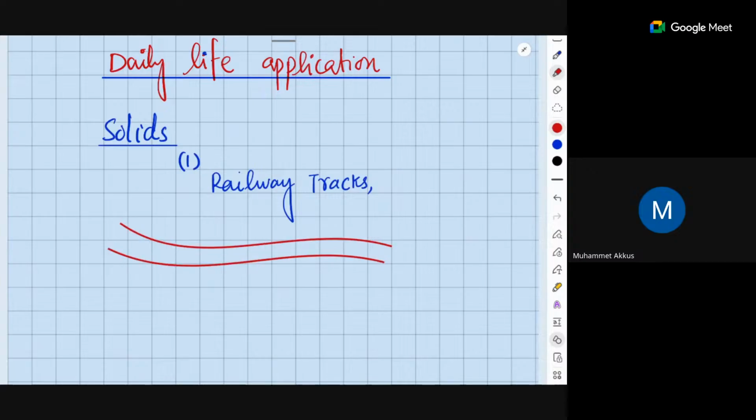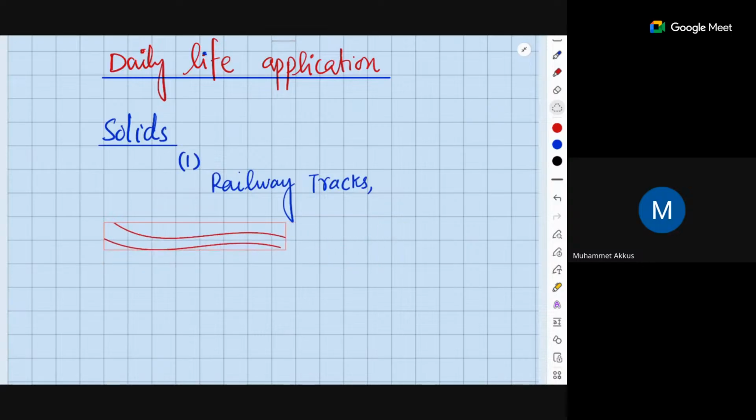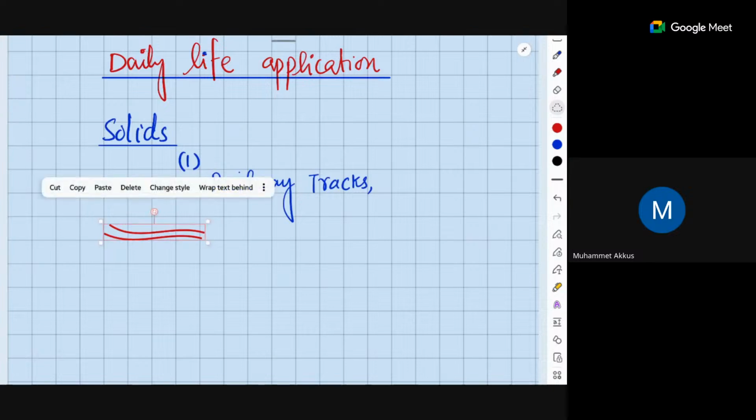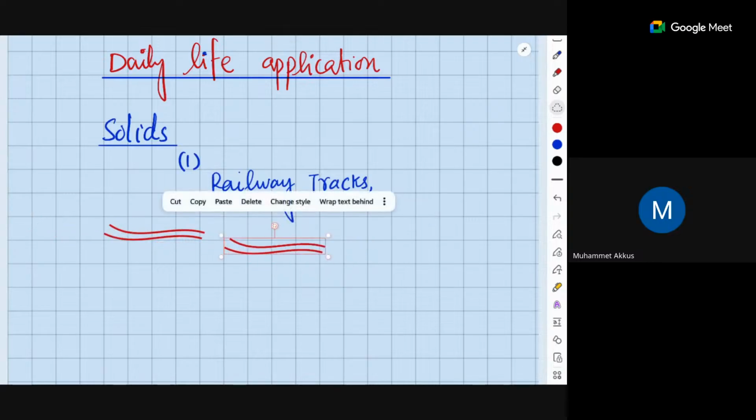I will try my best to draw it. So, what happens to that railway track? There would be some gaps between these railway tracks. For example, if these two are the railway tracks till this point, then we will draw the railway tracks next to it here. Now you have some gaps in between.